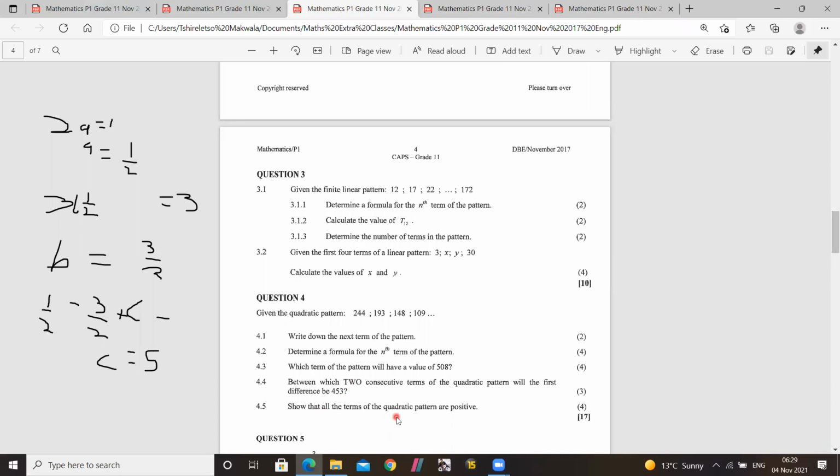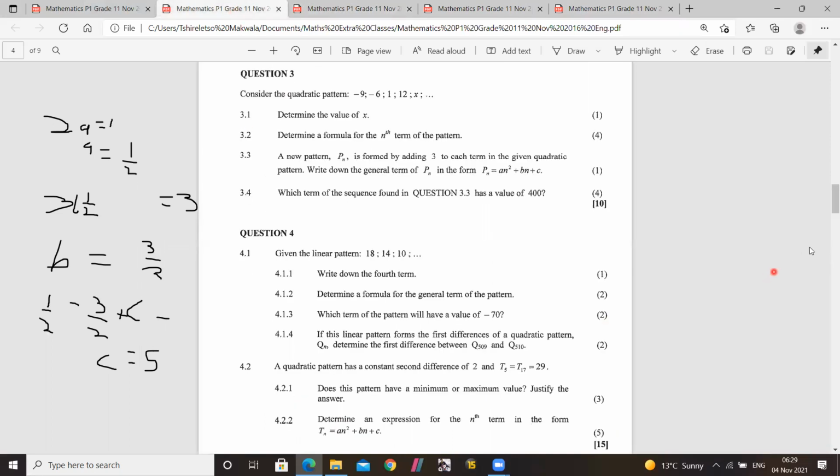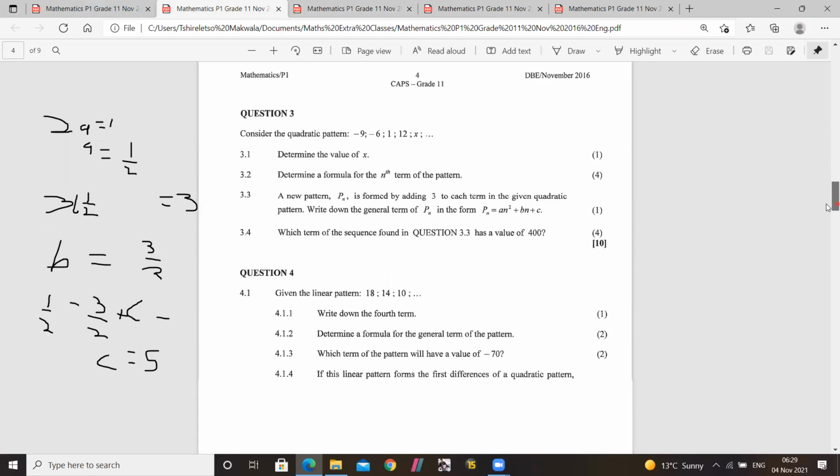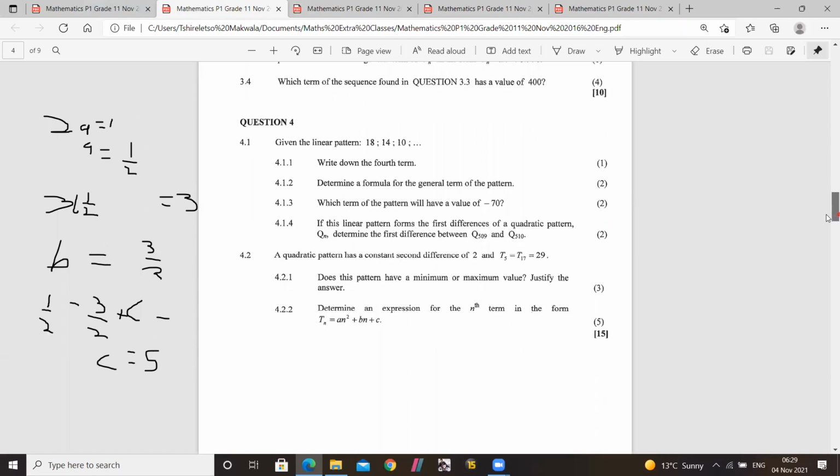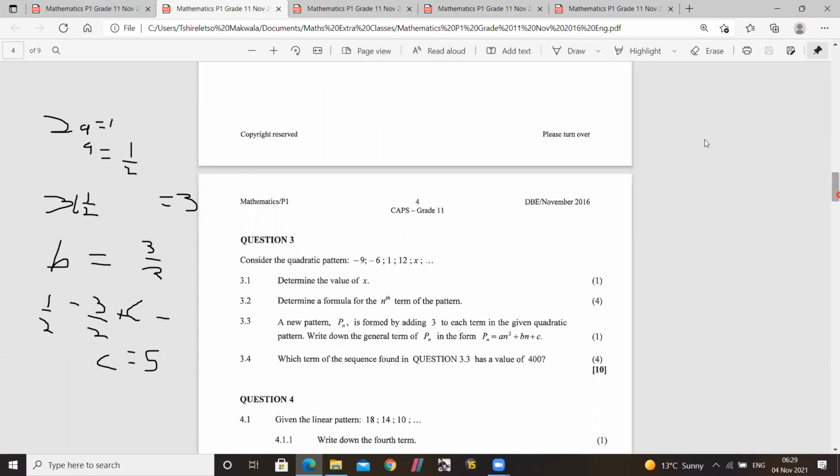Show that all the terms are positive, between which two consecutive terms will the first difference be this. Okay, it seems like they're asking this type of question. I just wanted to check if they ask it.